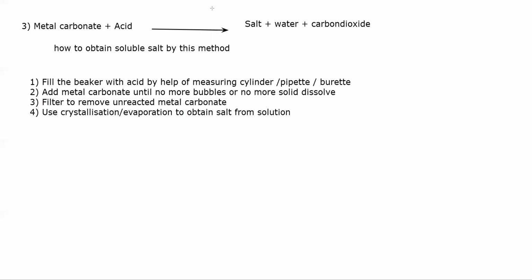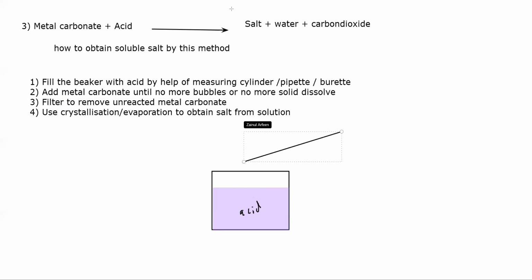So we take a container and we fill this container by the help of a measuring cylinder or pipette or burette with acid, a specific volume like 10 cm cube or 15 cm cube. Then we take a spatula and using a spatula, we transfer this metal carbonate.